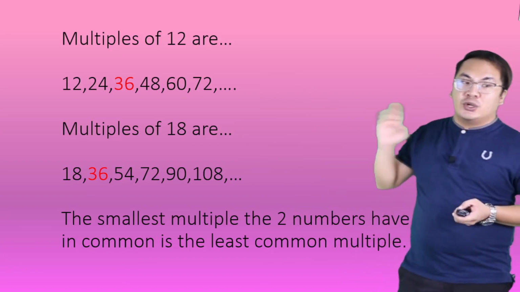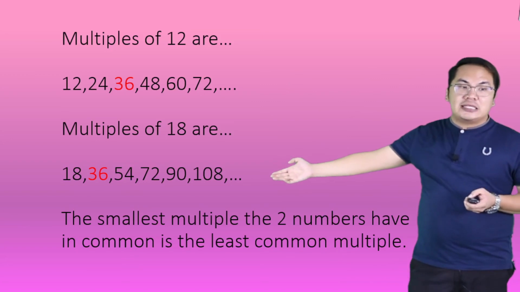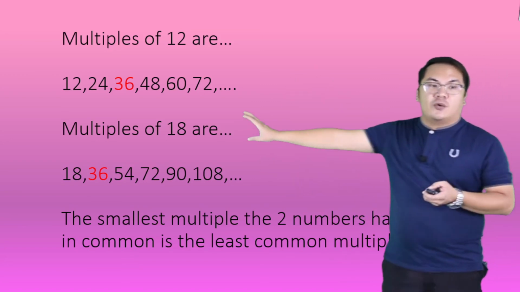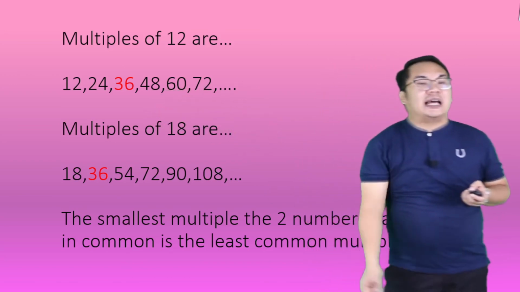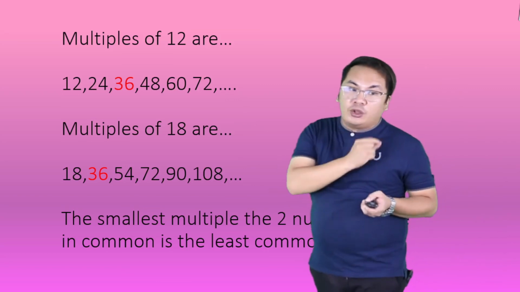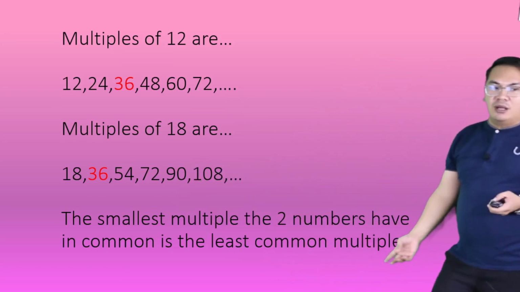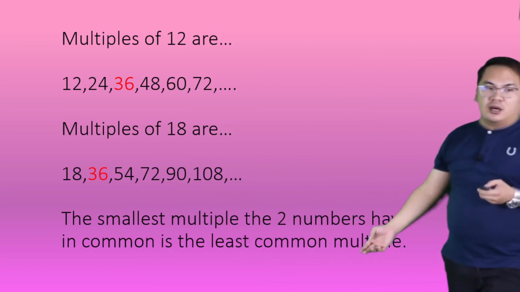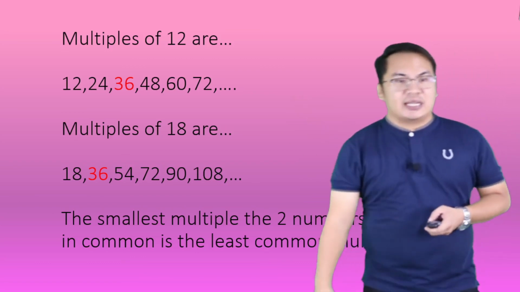You're just going to list the multiples of 12 and the multiples of 18. Then circle the smallest multiple that the two numbers have in common. That is the least common multiple. So that is 36. Clear?